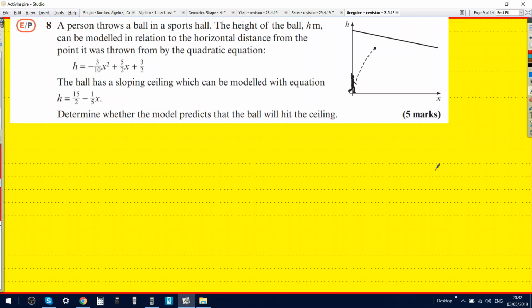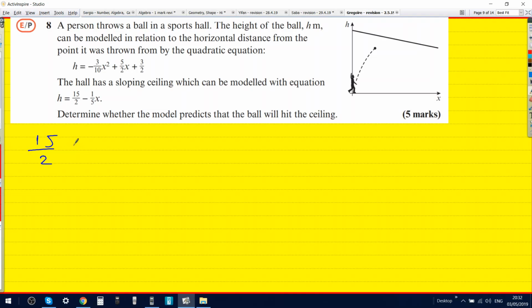So I've come up with minus 3 over 10 x squared plus 27 over 10 x minus 6 equals 0.